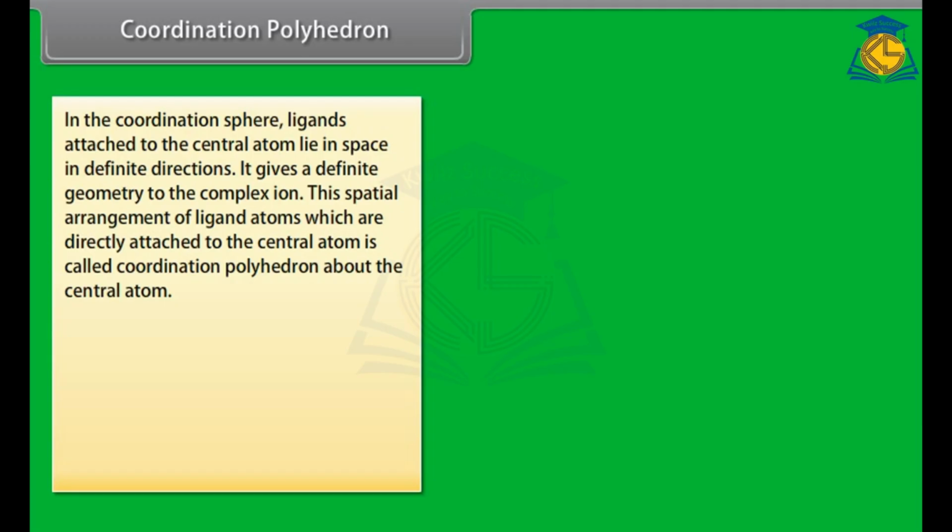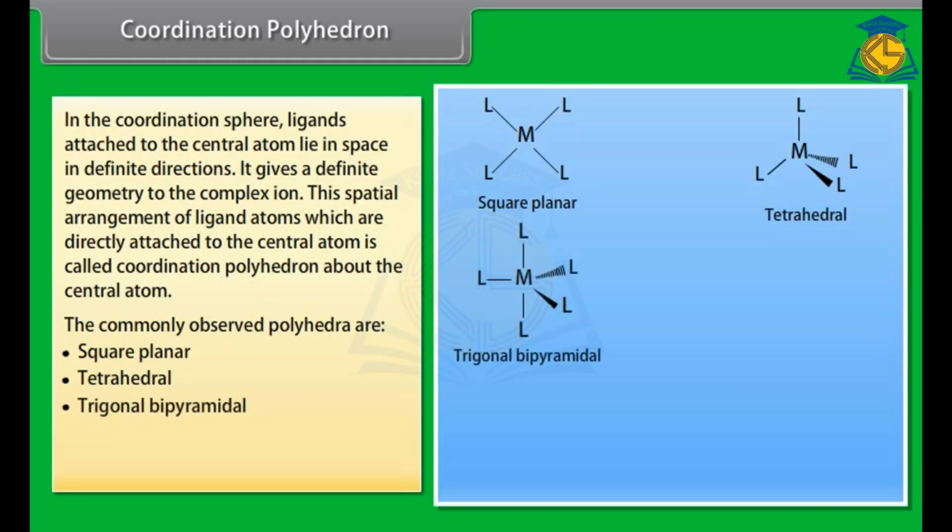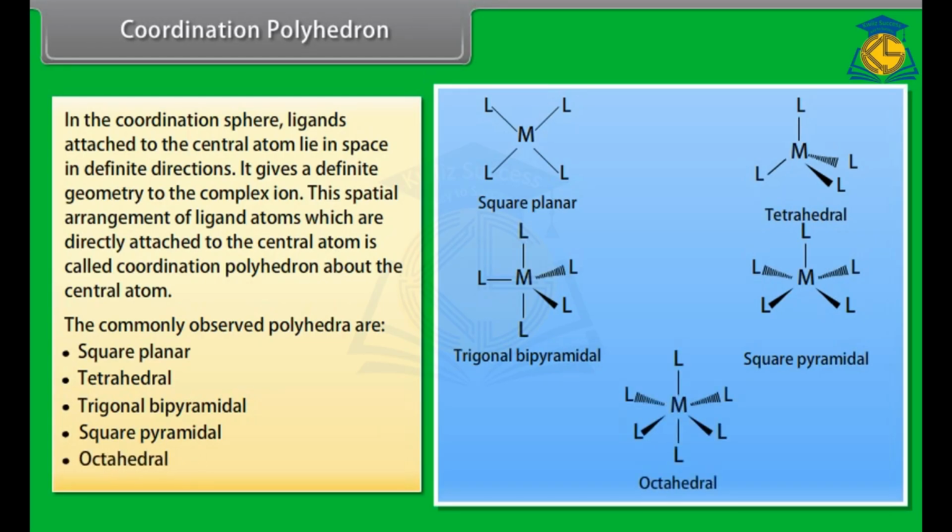This spatial arrangement of ligand atoms which are directly attached to the central atom is called coordination polyhedron about the central atom. The commonly observed polyhedra are square planar, tetrahedral, trigonal bipyramidal, square pyramidal, octahedral.